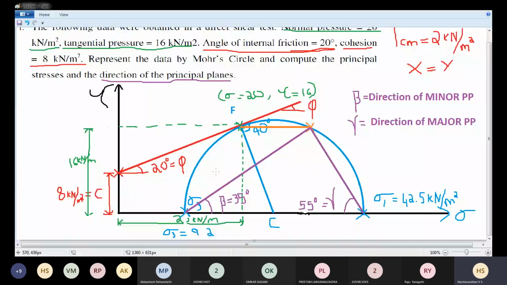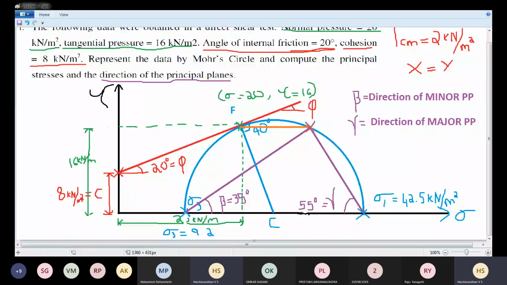From the minor principal plane they have drawn a line at that particular angle, and it is intersecting at this point. So at this point only you have to draw the line, and then you have to find the inclination.